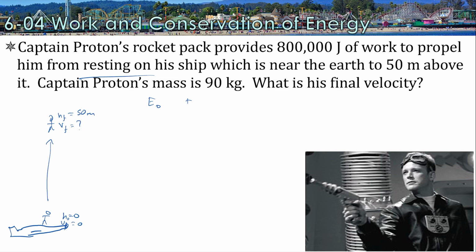So our initial energy plus the net work, that would be his rocket providing work, equals final energy. Initially, he has no energy because he's at the bottom and he's not moving. The rocket engine provides 800,000 joules of work. So our net work is 800,000. And our final energy is both the potential and kinetic energies.